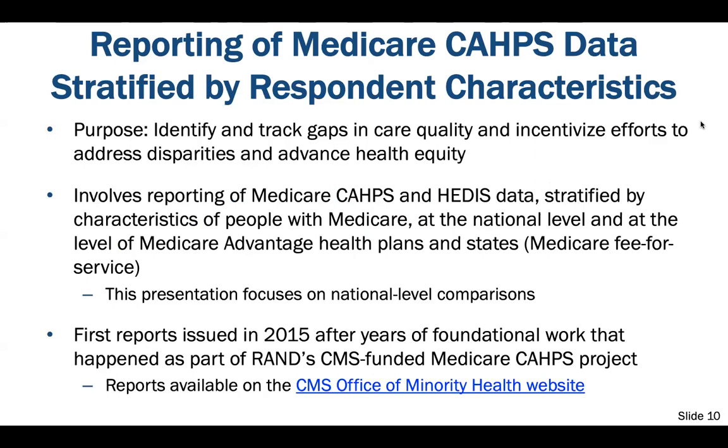So, as I've outlined before, the goal of this was to look, both at a national level and at a more specific level, at racial and ethnic differences in quality, both patient experience and otherwise, and the fact that this has been done year after year also makes it possible to identify trends and progress and backsliding when that occurs.